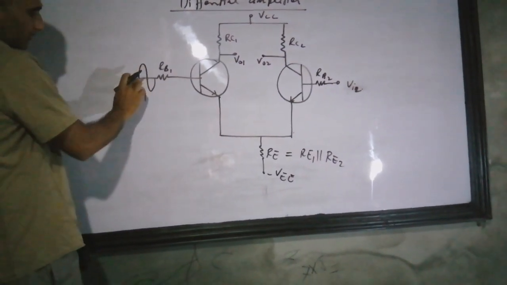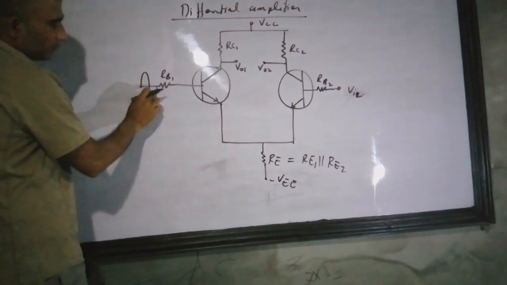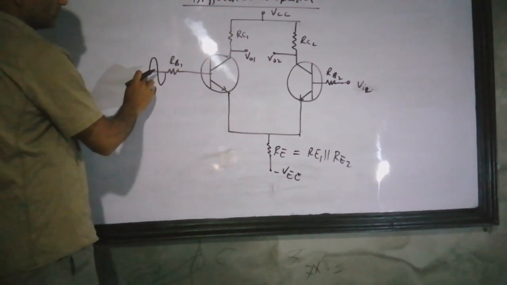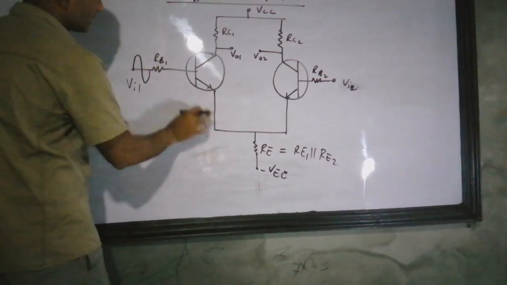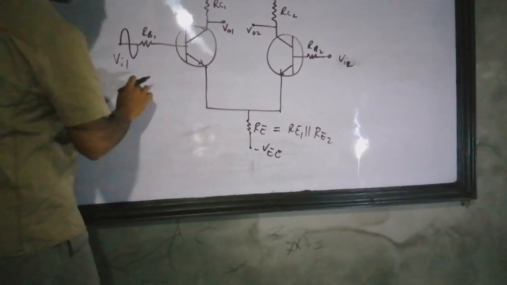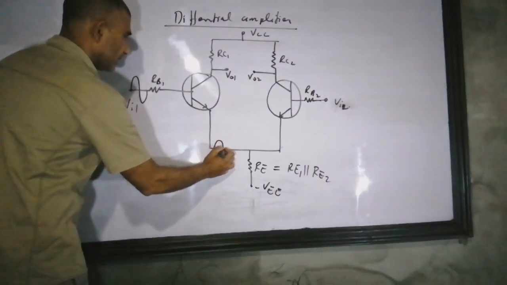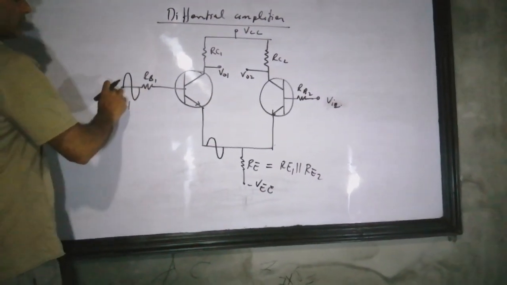what is the signal here? The emitter will get the same type of signal. The emitter gets the same type of signal, meaning that when this is going up, here also it is going up, and when this is going down, this goes down too. It is just a copy, and so here will be the signal exactly like that.